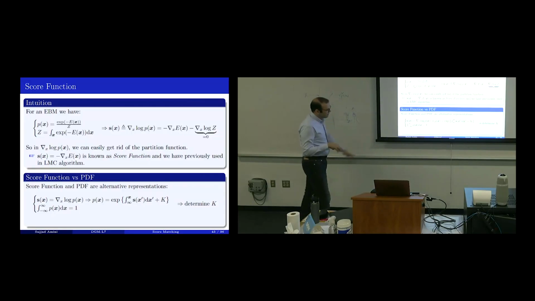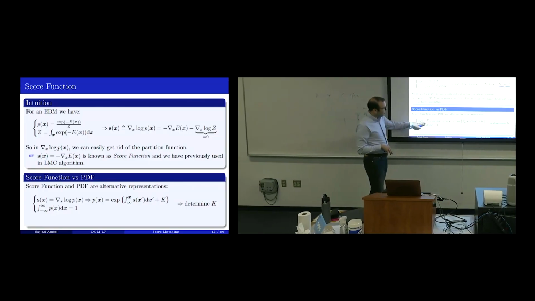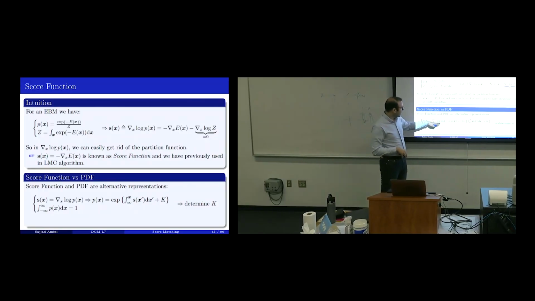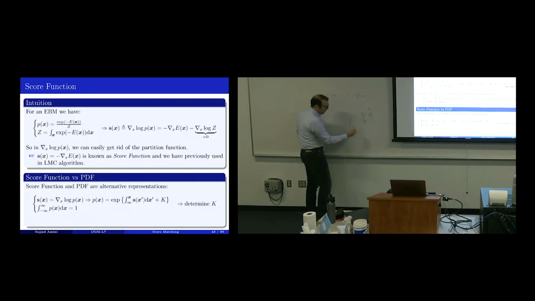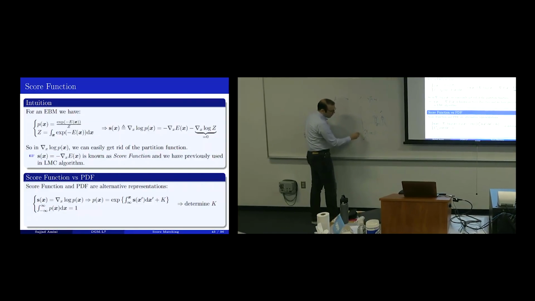Why is it the case? Because if we have the gradient, we may miss some constant. If I have x plus 10, and then I take the gradient of this function, I have 1.